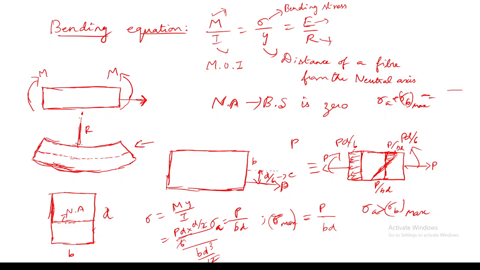So at the top layer it will be tensile because sigma A is greater than sigma B max, and at the bottom layer it will again be tensile. So the variation will be something like this, the net effect due to axial stress as well as bending stress.